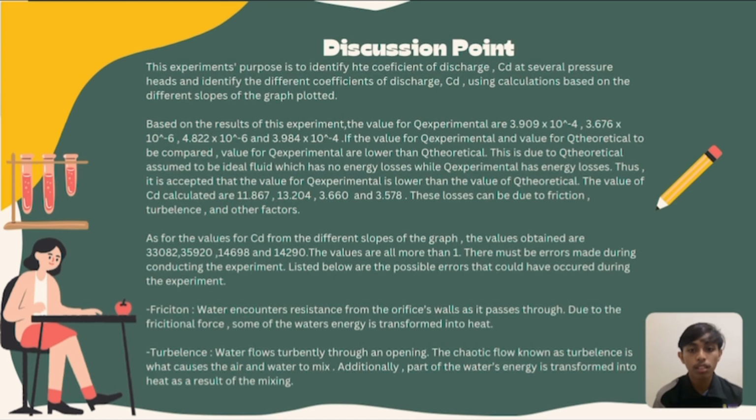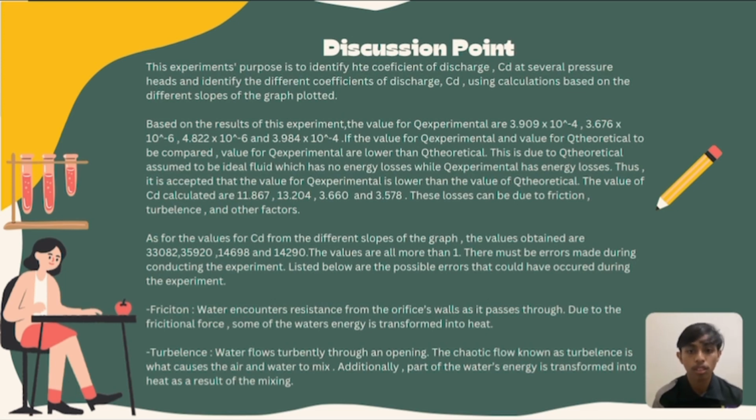The values of Cd calculated are 11.867, 13.204, 3.660, and 3.578. These losses can be due to friction, turbulence, and other factors.